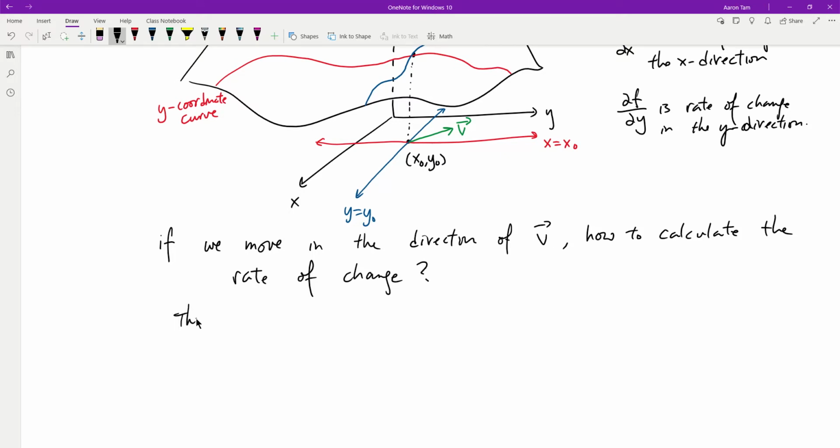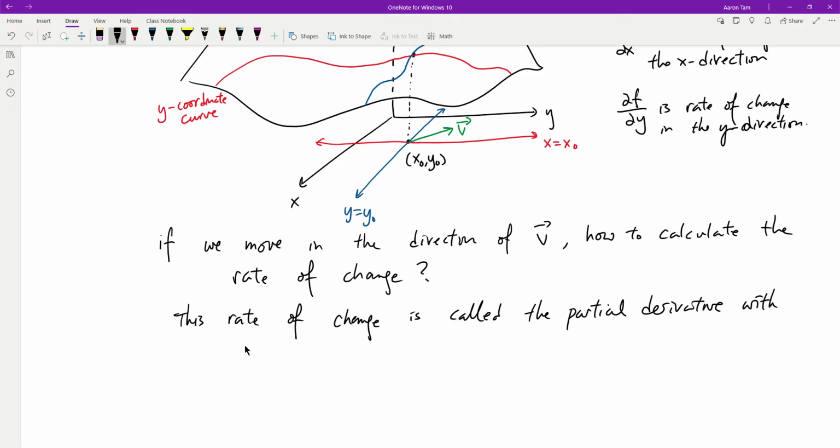This rate of change is called the partial derivative with respect to the direction v.